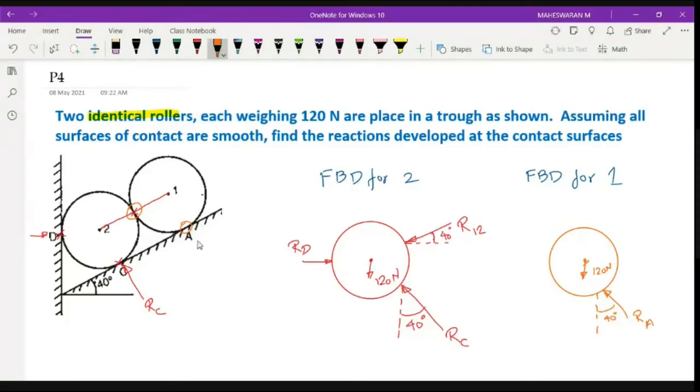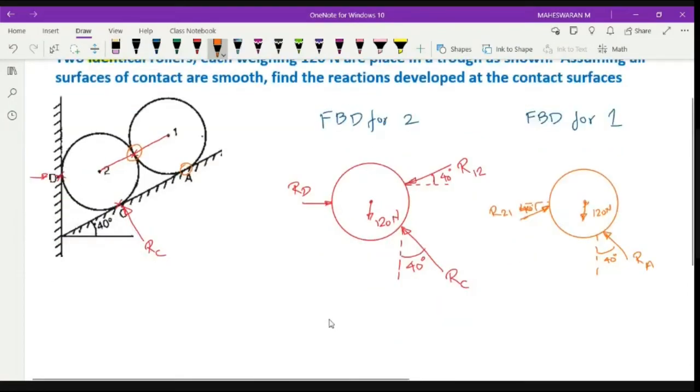Since it is perpendicular to this surface, which is 40 degrees with respect to horizontal, it is 40 degrees with respect to vertical. Then you have one more here, R21. This is also the same, 40 degrees with respect to horizontal. Now I have a free body diagram for these cases.